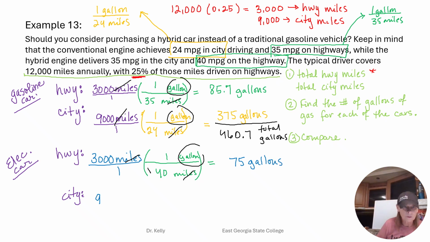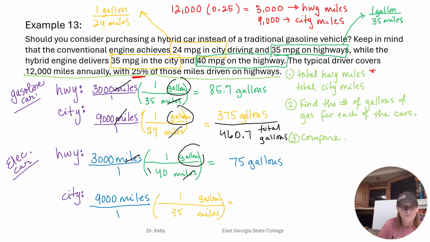And then we'll do this here, 9,000 miles over 1. We'll use the other 35 miles per gallon in the city. So we are going to have miles here, gallon here.